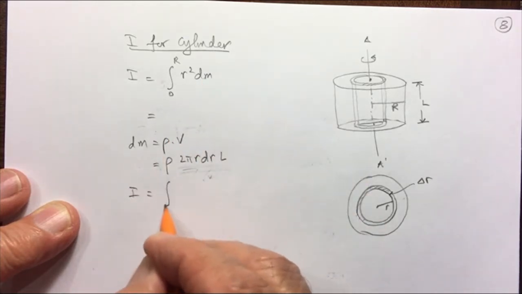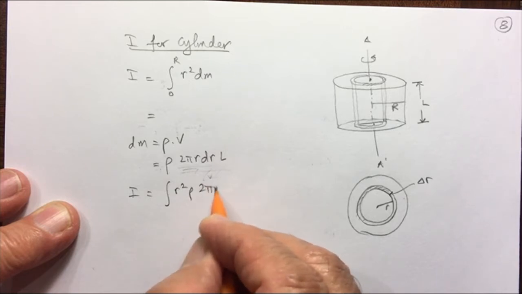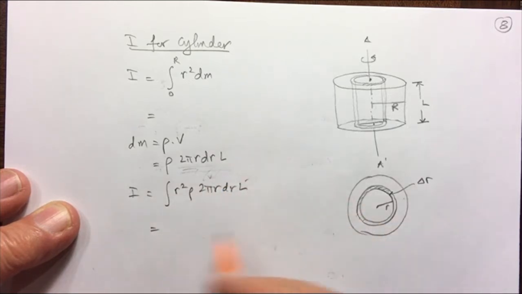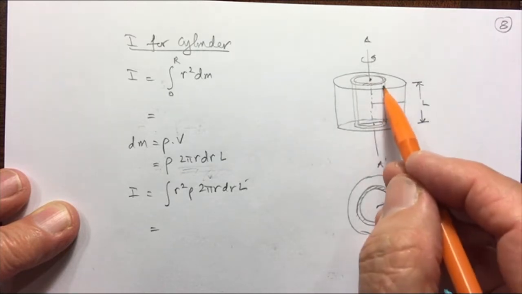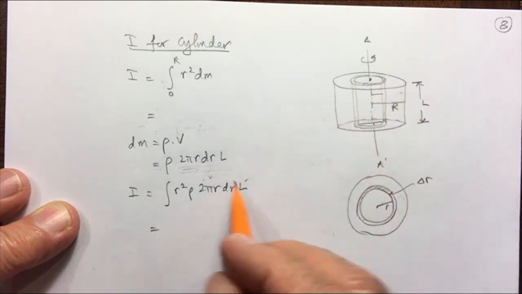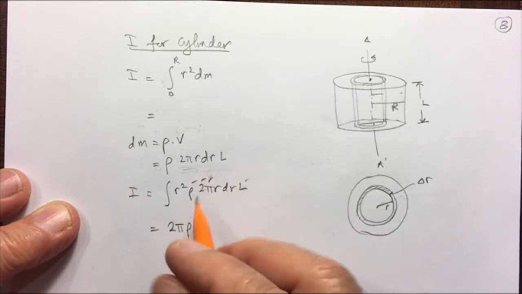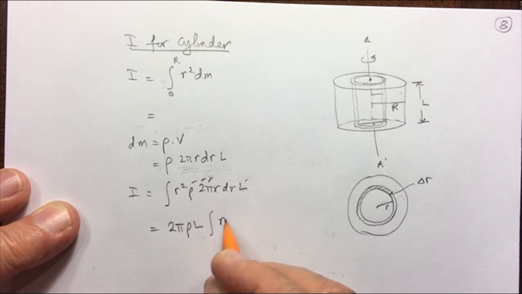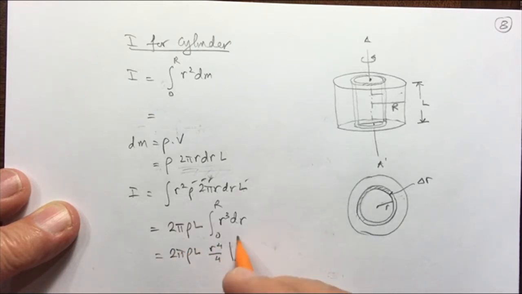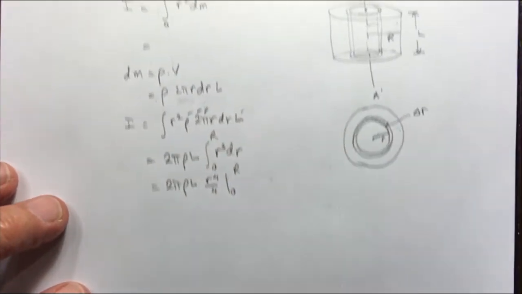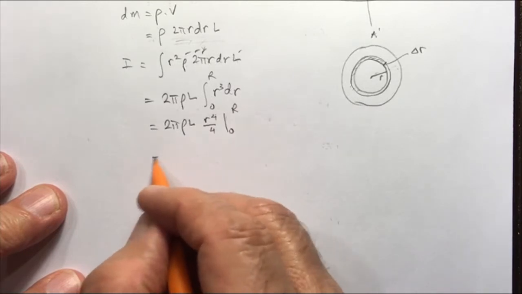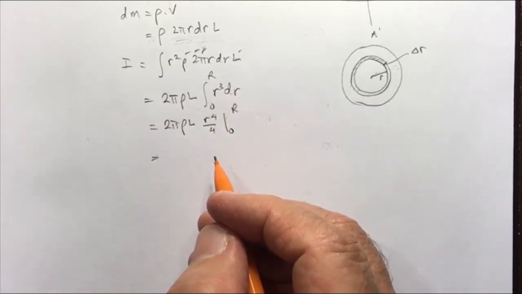So the moment of inertia becomes the integral of r squared rho 2 pi r dr L. Now L is constant for the whole cylinder, so as we integrate this and change the radius little r from 0 to capital R, L can be taken out, the 2 pi can be taken out, the rho can be taken out, 2 pi rho L, and we are left with r cubed dr, 0 to R, and we do the integration: 2 pi rho L r to the fourth over 4 from 0 to R. When you plug in the 0, we get 0, so this becomes 2 pi rho L R to the fourth over 4.